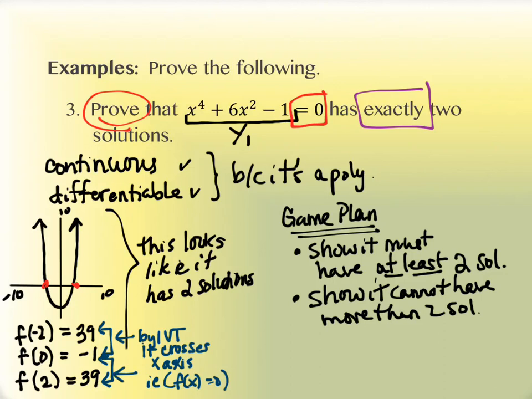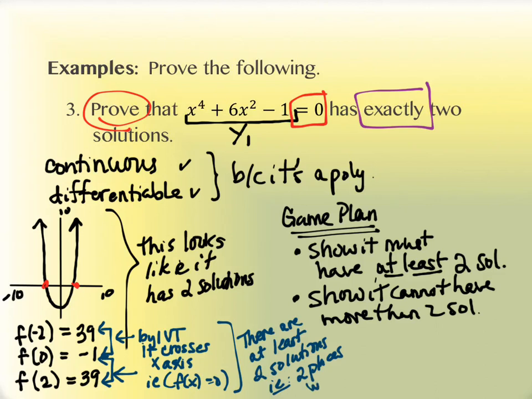The intermediate value theorem tells us that if you're below the x-axis and then you're above the x-axis and it was something that was continuous, which this is, somewhere between there it had to cross. So we know that it has to have at least two solutions. So this tells us there are at least two solutions, i.e. two places where f of x equals 0.